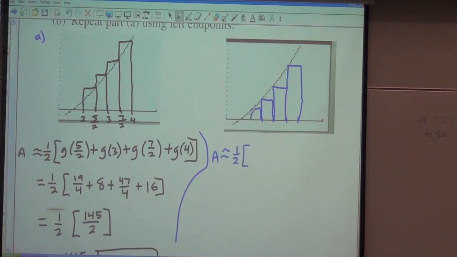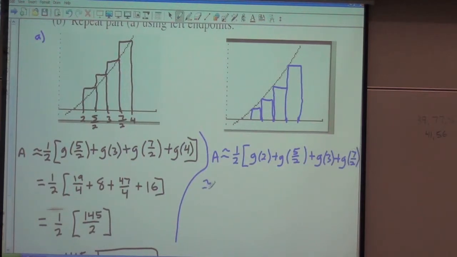And then this one now, the height is at 2, right? So we do g of 2, plus the next one we do g of 2.5, or g of 5 halves, then g of 3, and then g of 7 halves.